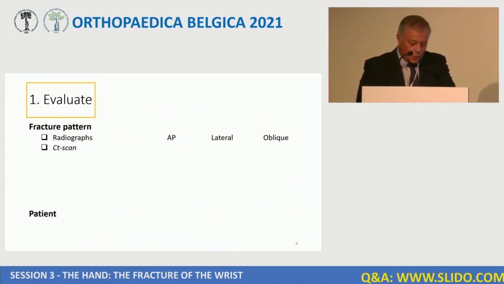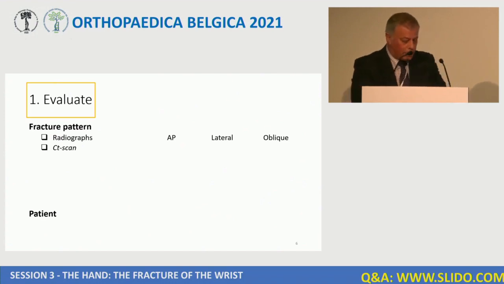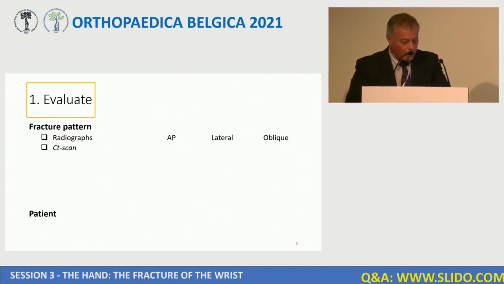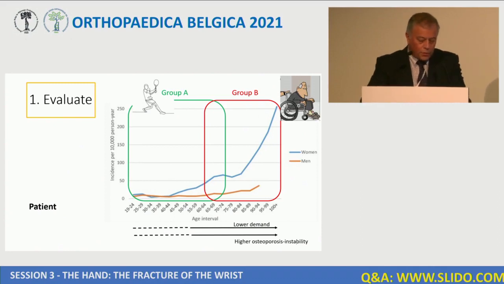The first phase of management will aim to assess the fracture pattern and the patient. The fracture is assessed by X-rays, performed in anterior, posterior, lateral, and oblique views, supplemented by CT scan if it seems that this will allow a better understanding of an intra-articular fracture. The graph shows the incidence of distal radius fracture in relation to age.